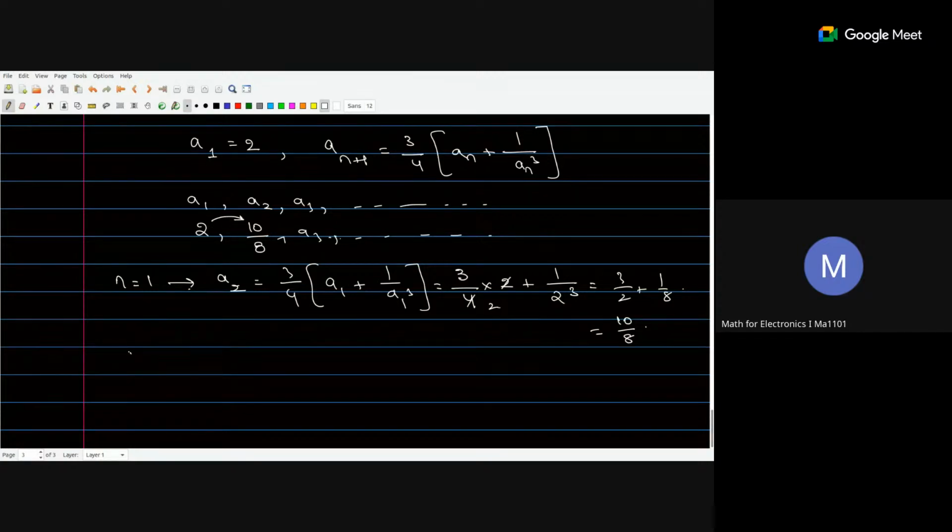Then to get the next term, A3, I substitute n equals 2 in the recurrence formula. A3 is 3 by 4 A2 plus 1 by A2 cube, something like this: 3 by 4 into 10 by 8 plus, 3 by 4 is throughout.